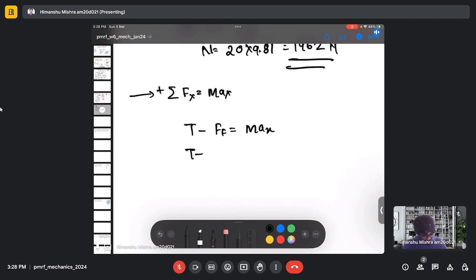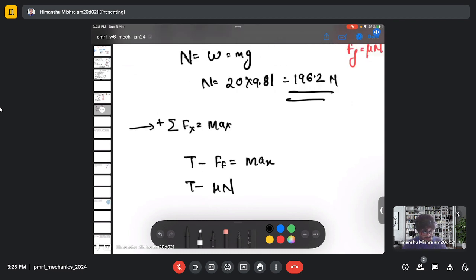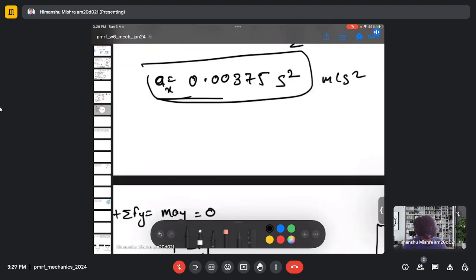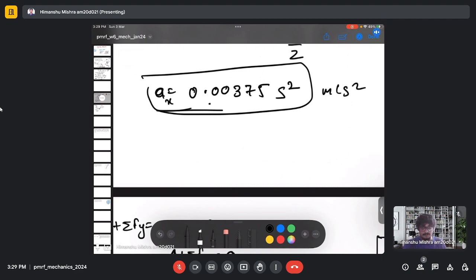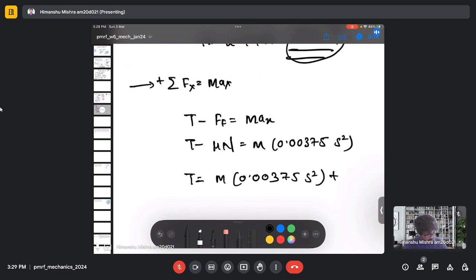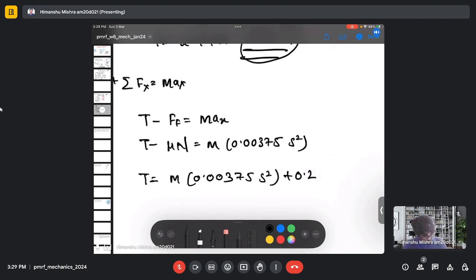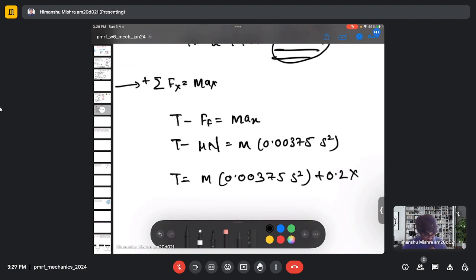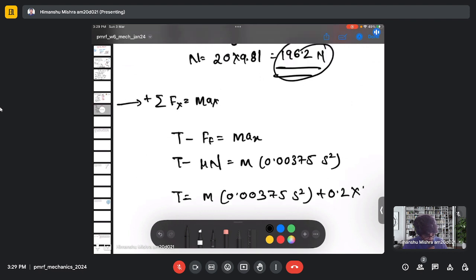I can write the friction force in terms of the normal force, which we found earlier, equal to m, and my acceleration was 0.00375 s squared, and my coefficient of friction is 0.2 multiplied by 196.2.